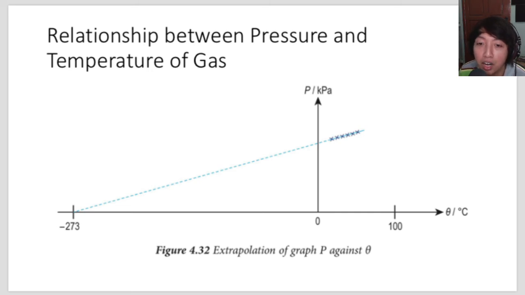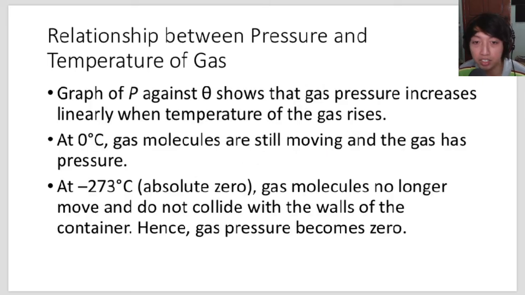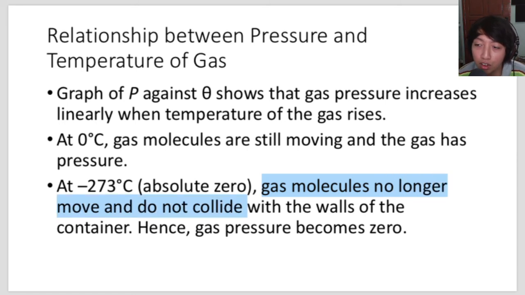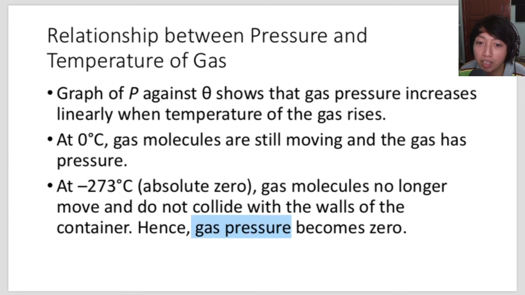And as you get colder and colder, pressure also gets lower and lower until you reach negative 273. Pressure also becomes 0. So once again, at absolute 0, gas molecules no longer move. Since they no longer move, not only do they not have any volume, they also do not have any pressure. So gas pressure becomes 0.